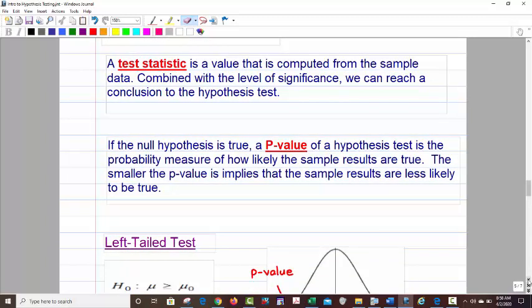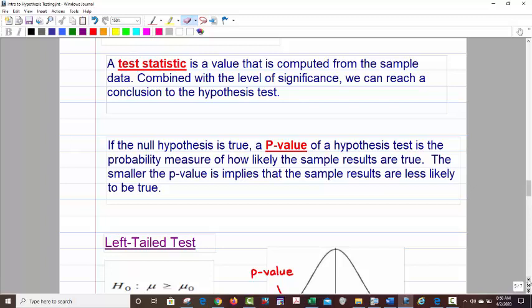Now we're going to talk about something called the p-value. If the null hypothesis is true, the p-value of a hypothesis test is the probability measure of how likely the sample results are.